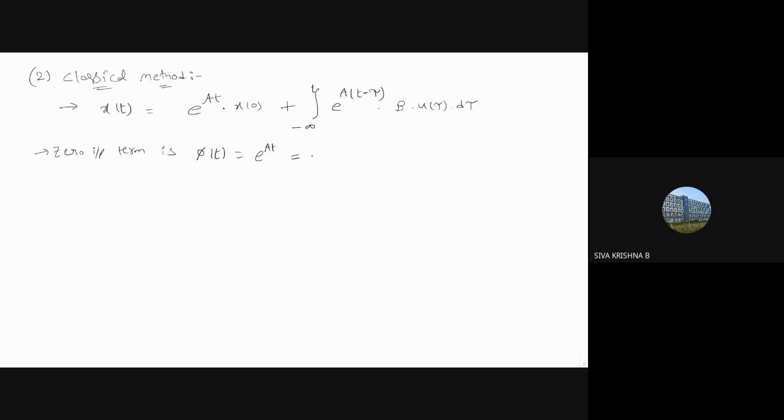E power At is nothing but L inverse of (sI minus A) whole inverse. So remember this one. This is also called the state transition matrix.